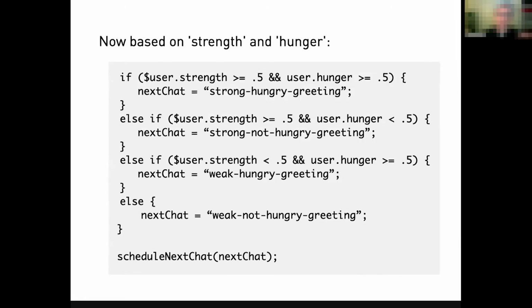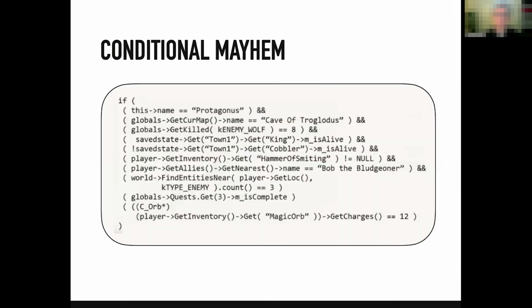Now, programmers need to go back into the game and add more conditionals for when the character is strong and hungry, strong and not hungry, weak and hungry, and weak and not hungry. And for each new property, we consider the number of paths at least doubles, and our conditionals quickly become unmanageable, what's sometimes been called conditional mayhem.